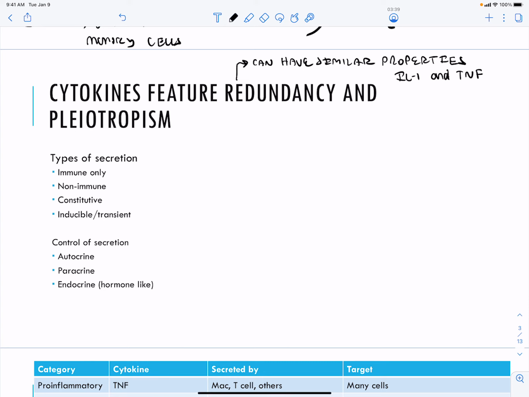They work in synergy, and the impact of both is going to be more than the impact of one alone during the acute phase response. APR is acute phase response. Pleiotropism is that many cytokines affect several different types of cells.